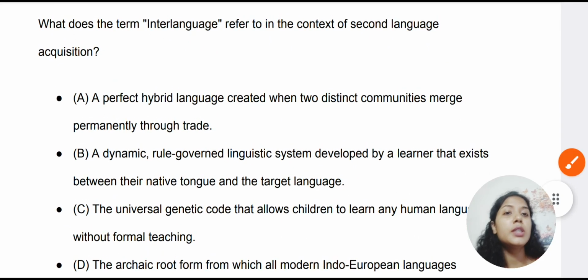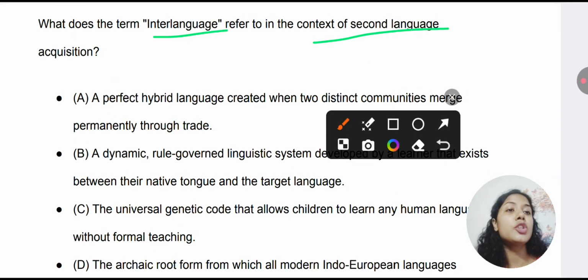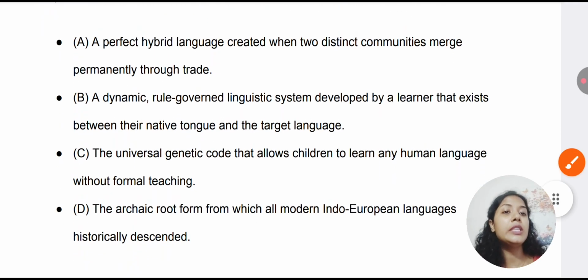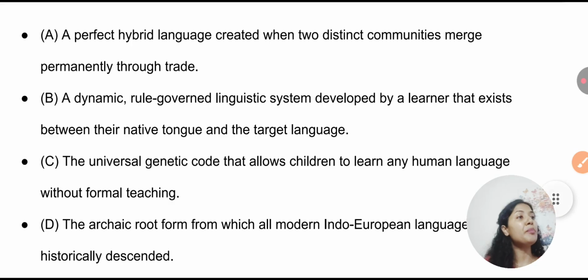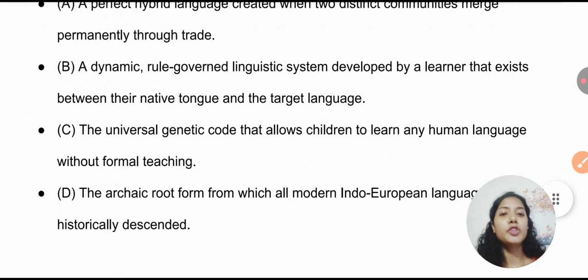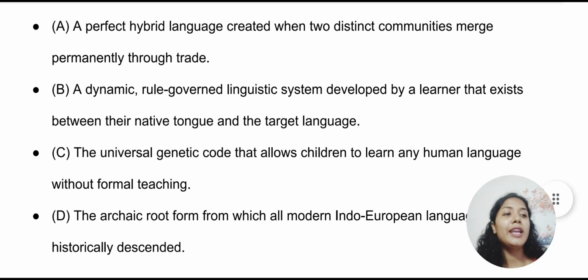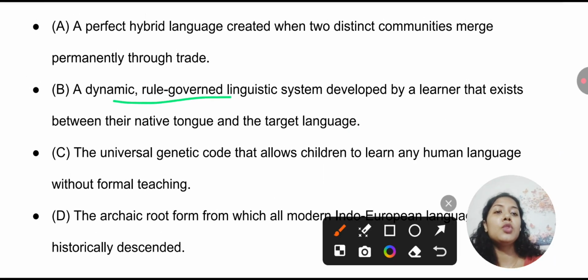Next question, what does the term interlanguage refer to in the context of second language acquisition? Correct answer, option B. Interlanguage in second language acquisition is a dynamic rule-governed linguistic system developed by a learner that exists between their native tongue and the target language.